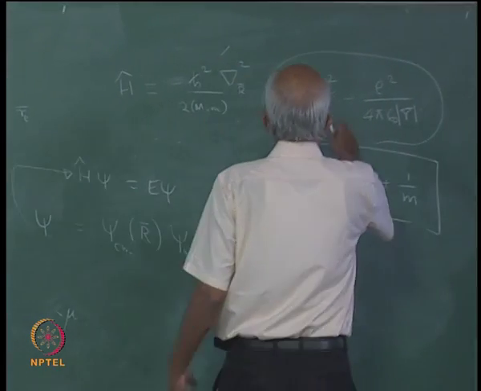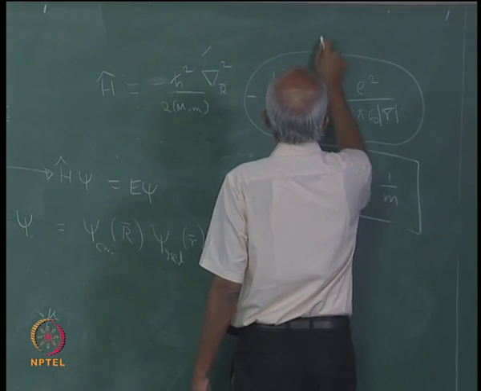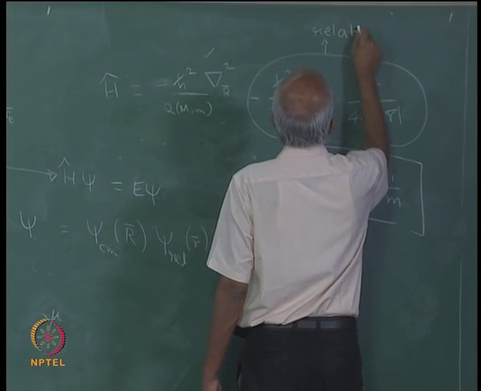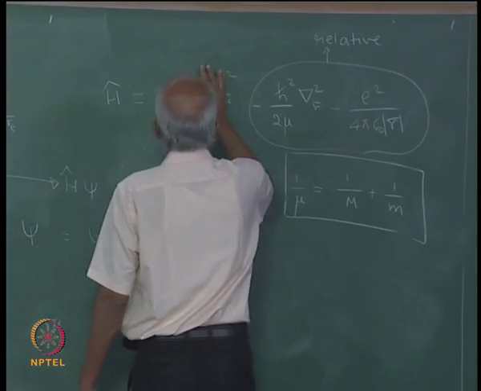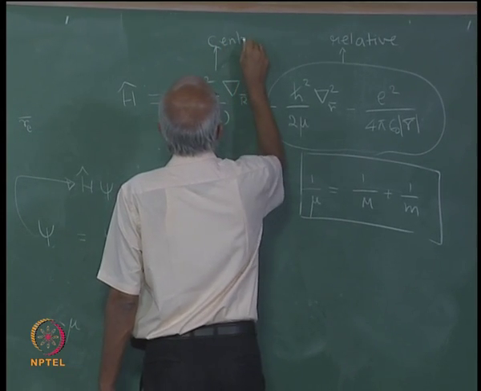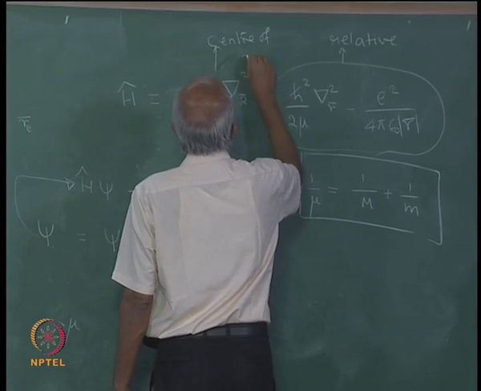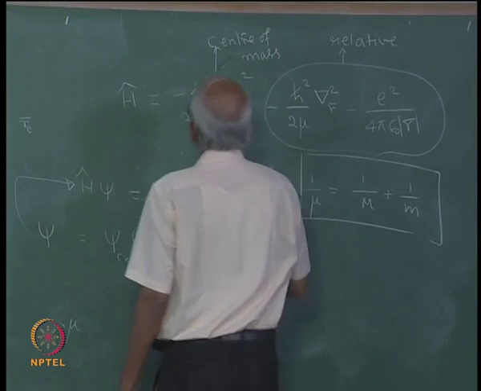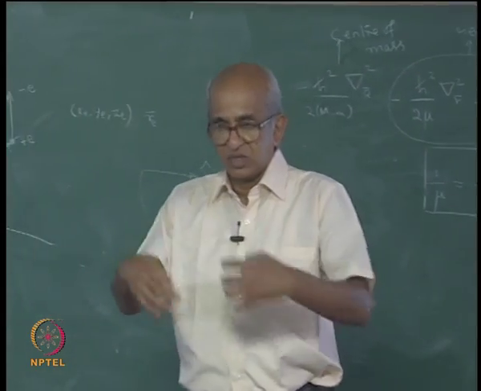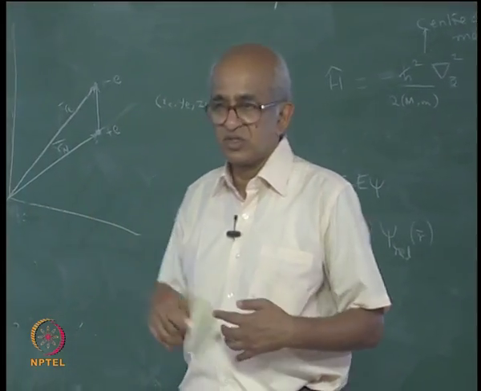And this part of the Hamiltonian represents relative motion. This represents center of mass motion. And the total Hamiltonian for the entire system is the sum of these two.